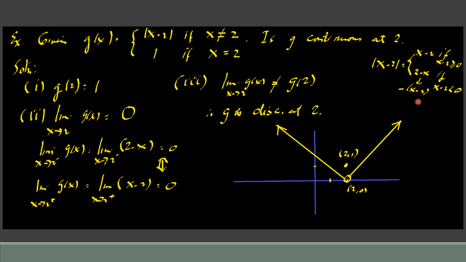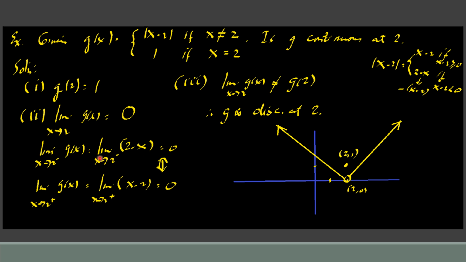Again, since we are evaluating the left-hand limit as x approaches 2 from the left, we need x's that are less than 2. And x's less than 2 are in the interval x minus 2 less than 0. And for that, the absolute value is the negative of x minus 2.